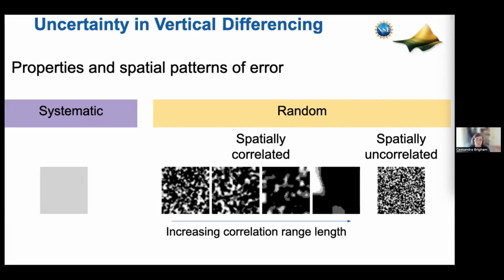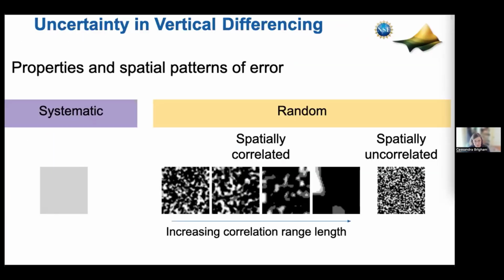But if you have spatial correlation, that means that error between two raster cells interact somehow, are related somehow. And that correlation can happen at different lengths, and so we call those correlation ranges. These squares here show you what different correlation lengths might look like.